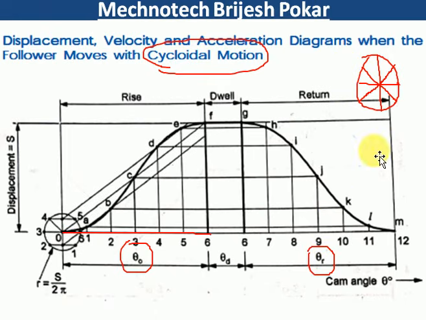Now this is the first and this is the second, this is third and this is fourth. Now you have to join fourth and fifth, the same way third and sixth, and second and first. You have to draw a horizontal line like this.